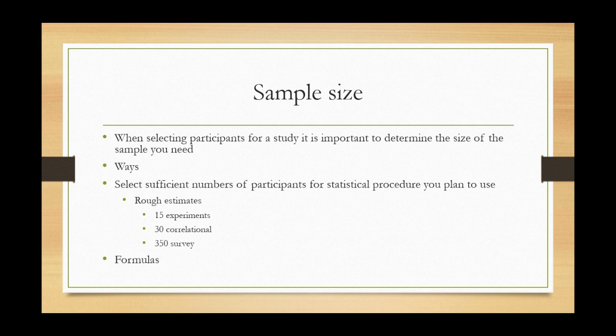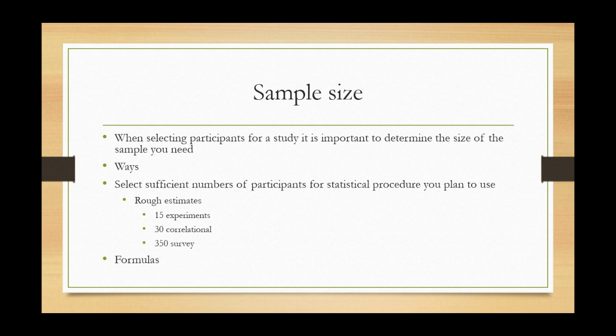There are two ways to determine the sample size. One way is to select a sufficient number of participants for the statistical procedure you plan to use. This presumes that you have identified the statistic to be used in your analysis.